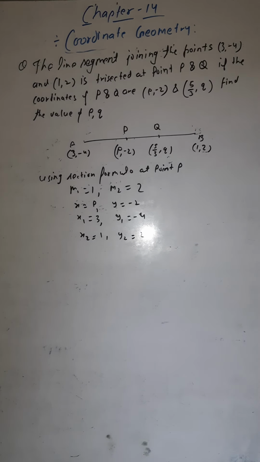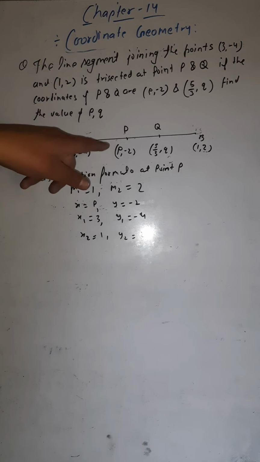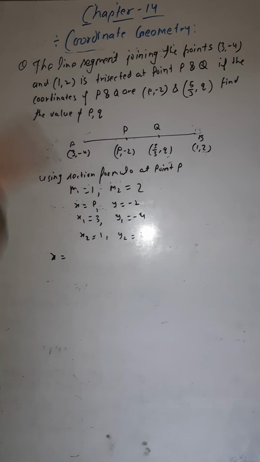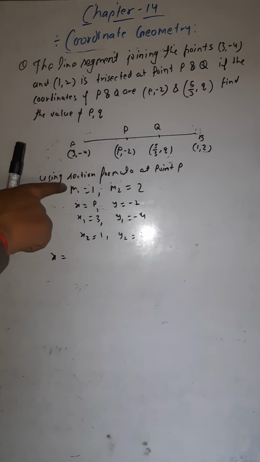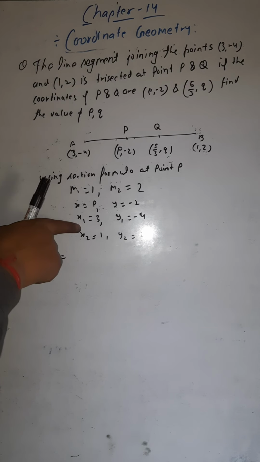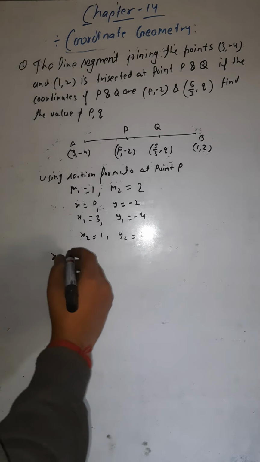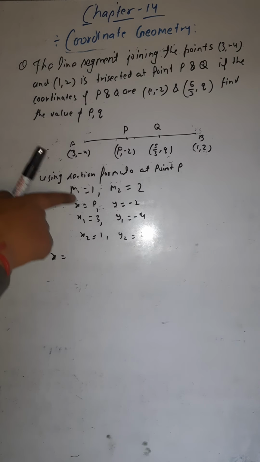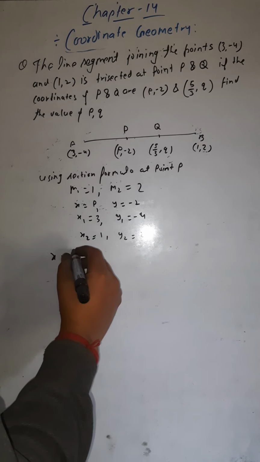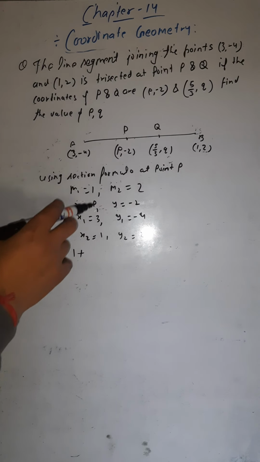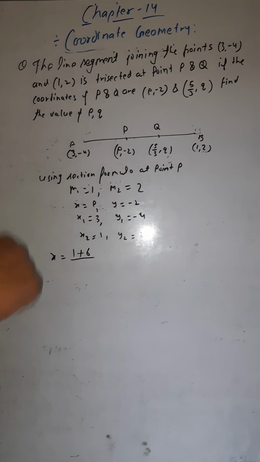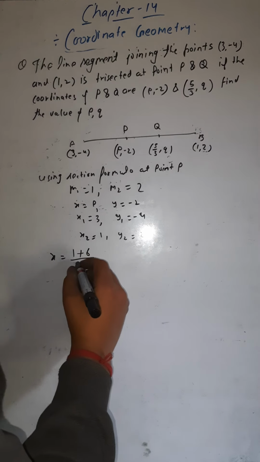So we will use the section formula. The section formula says that the value of X is equal to (M1 X2 plus M2 X1) divided by (M1 plus M2). M1 X2 means 1 times 1 is 1, plus M2 X1 means 2 times 3 is 6, divided by M1 plus M2, which is 1 plus 2.